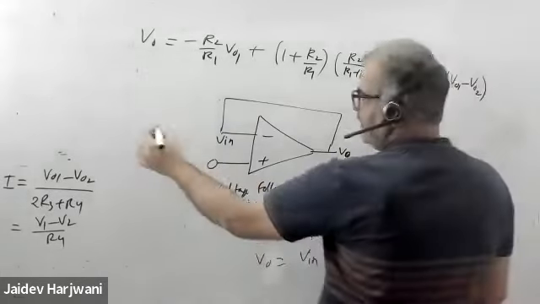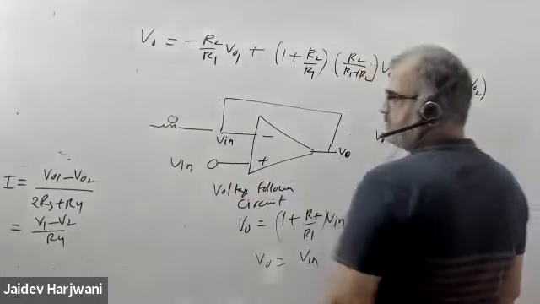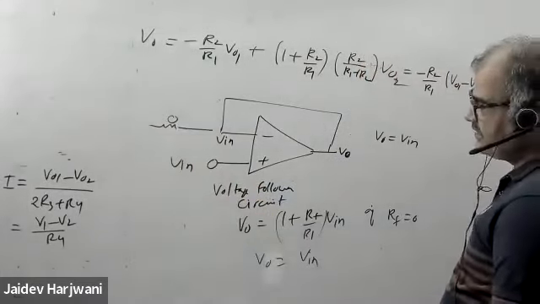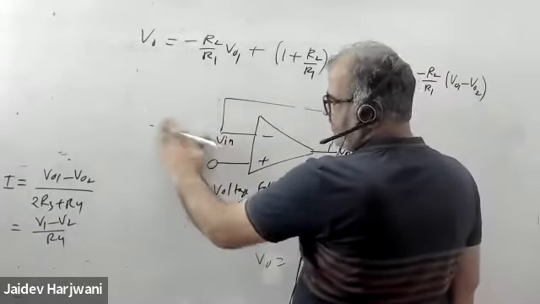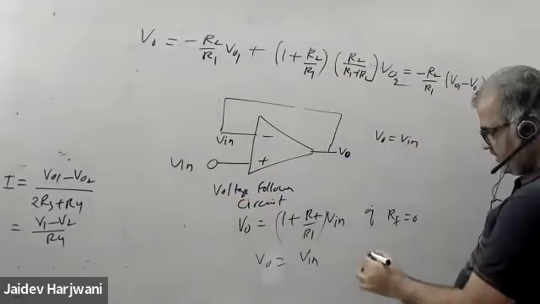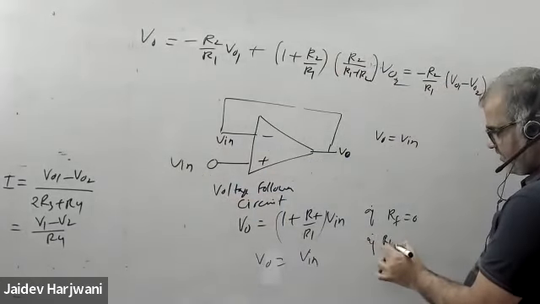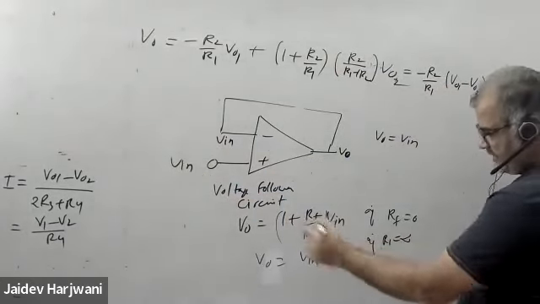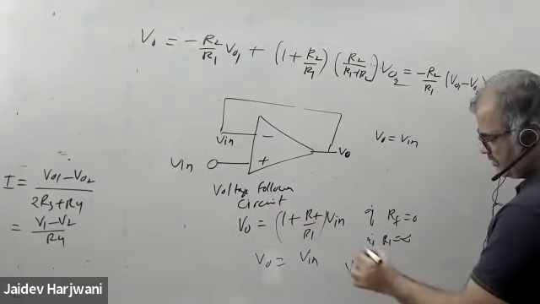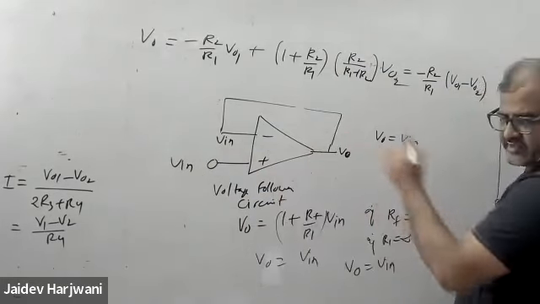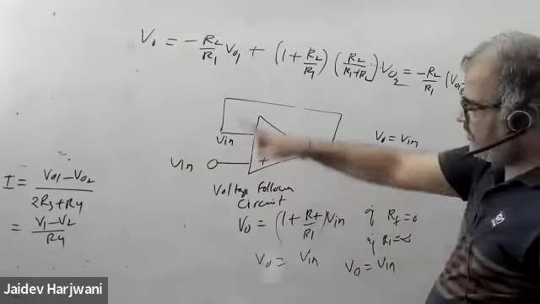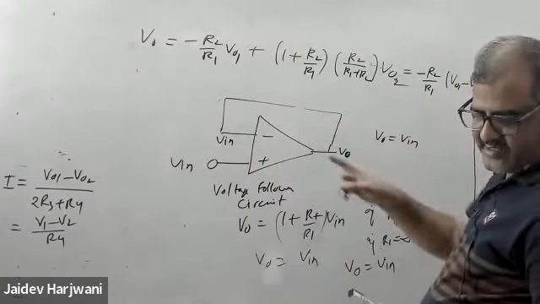Similarly, here R1 is also not there, that is R1 is open. That means if R1 is infinite, then also V0 equals V input. Then this is called a voltage follower circuit.